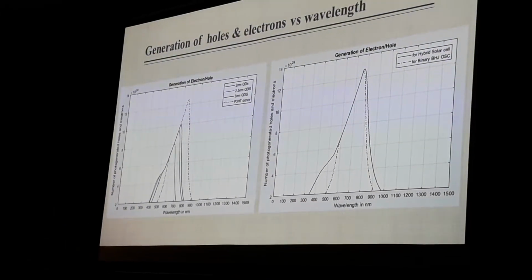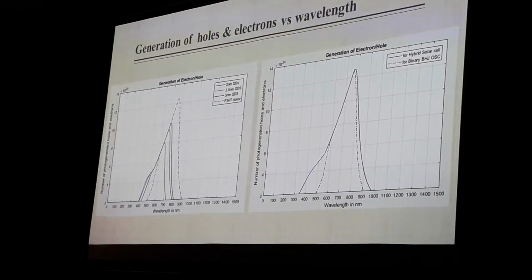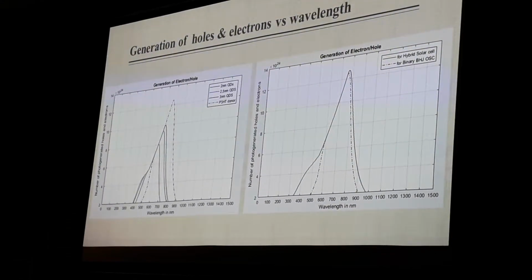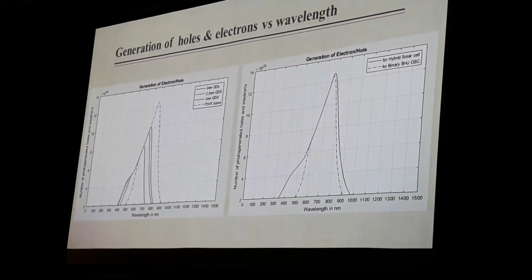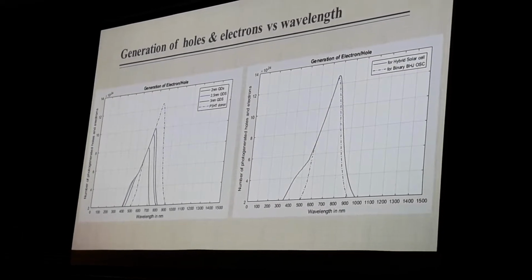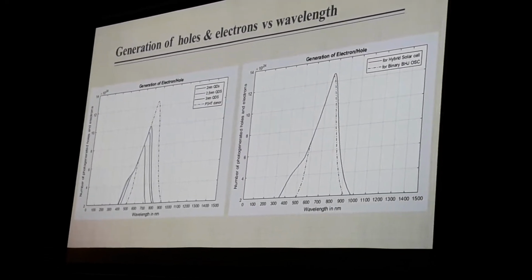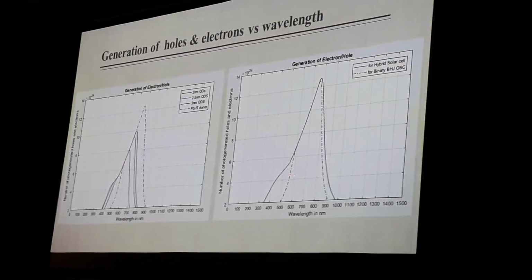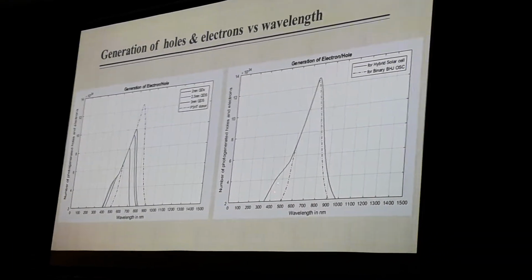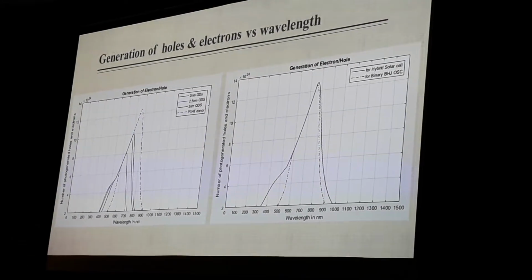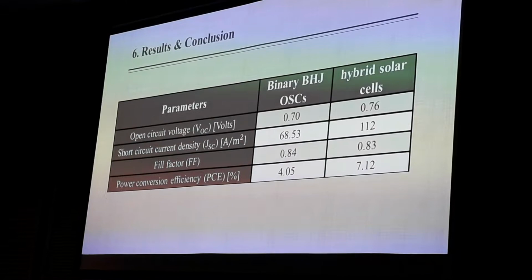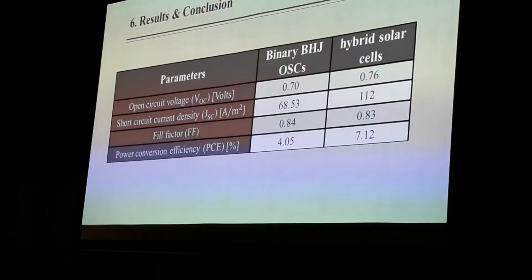If we compare both devices as shown in the right figure, the dotted line shows the bulk heterojunction organic solar cell, and the solid line shows the hybrid organic solar cell. Here we can see that between 400 and 500 nanometers, because of the quantum dots, we have more absorption. Comparing all the results, open circuit voltage slightly increased and fill factor slightly decreased.